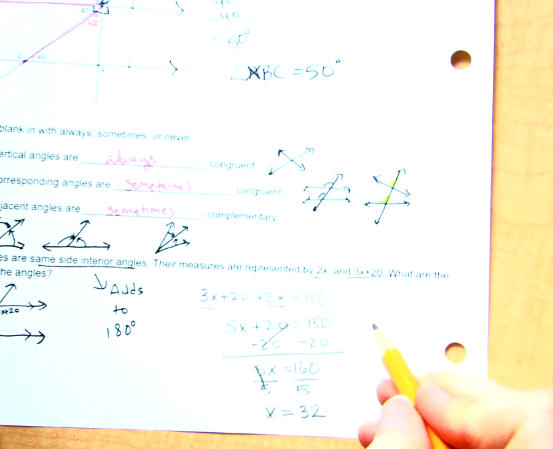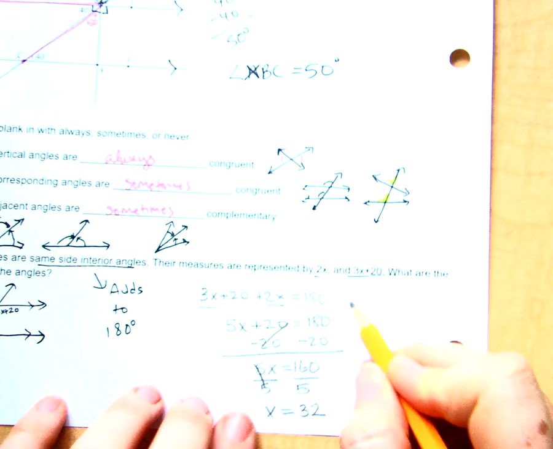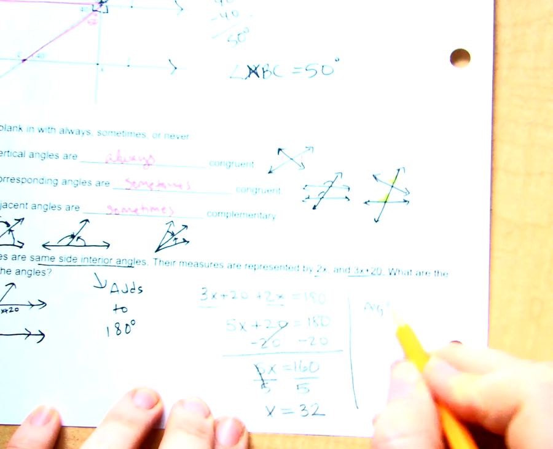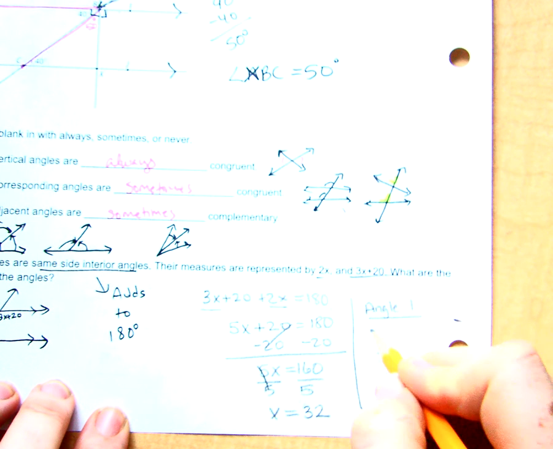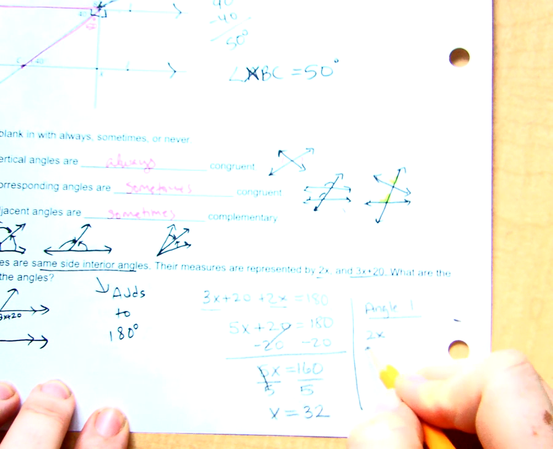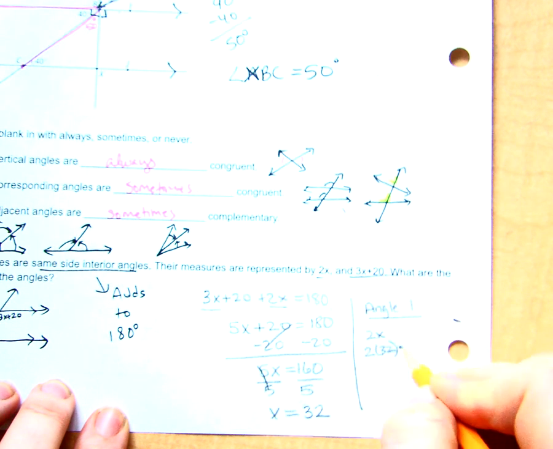All right, so one of the angles, let's call it angle 1 for lack of a better word, is 2x. So it's 2 times 32, which is 64 degrees, all right?